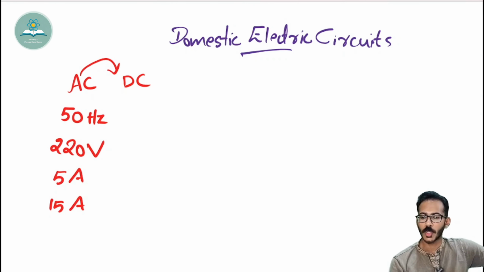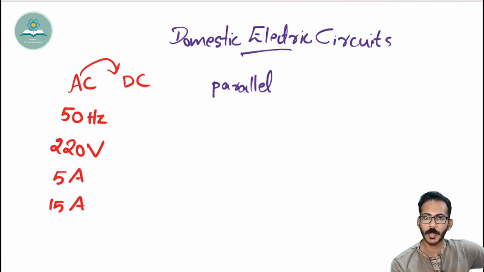When we look into a normal electric circuit, we will always have parallel connection. As we told earlier, parallel connection is better because if one equipment gets fused, others will not be affected. Again, all the equipments will get equal voltage.